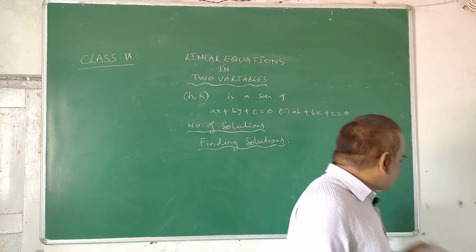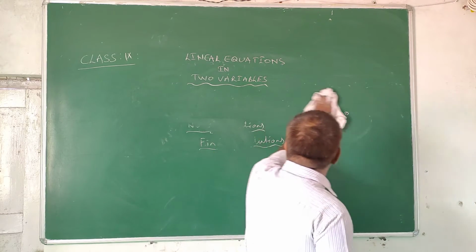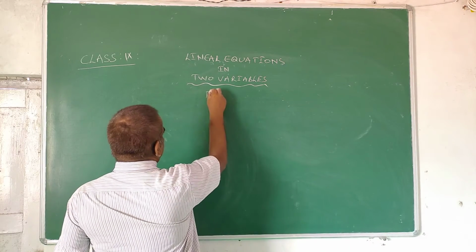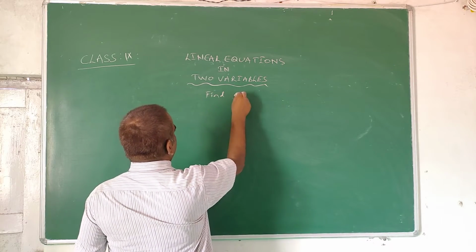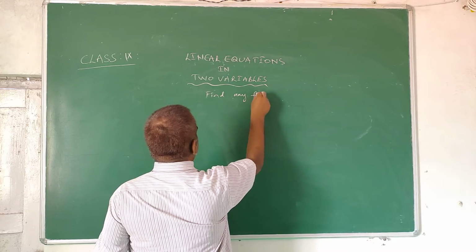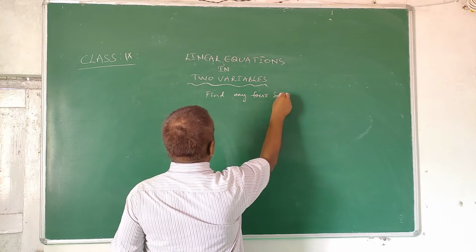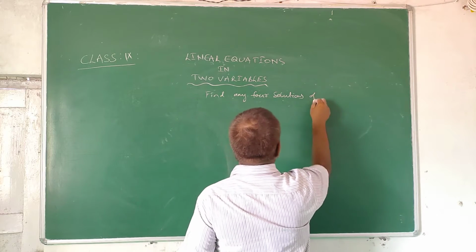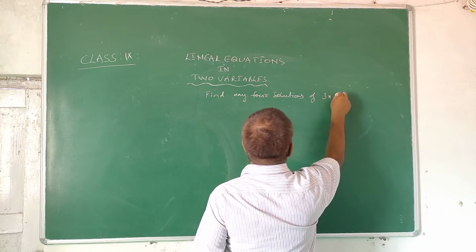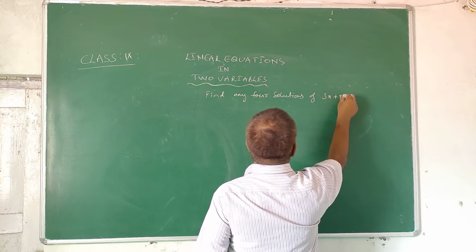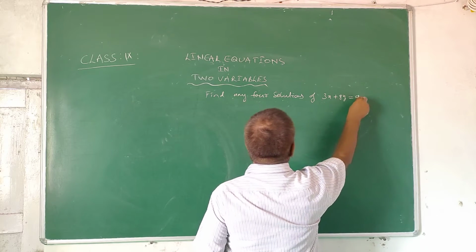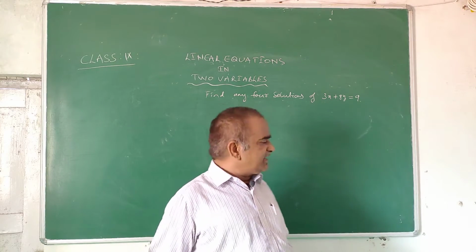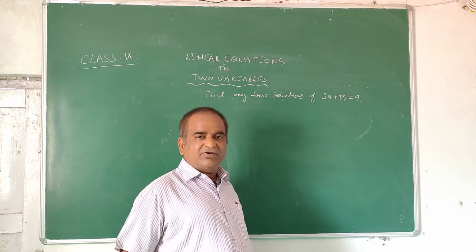Find any four solutions of 3x plus 8y is equal to 9. Find any four solutions of the linear equation 3x plus 8y is equal to 9.